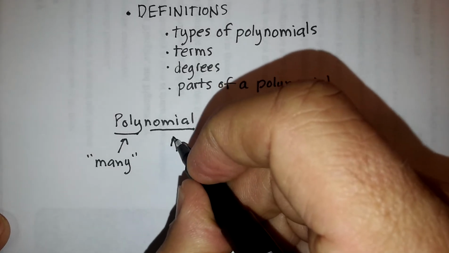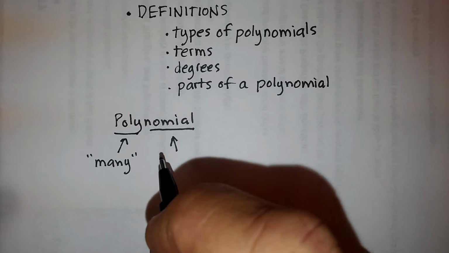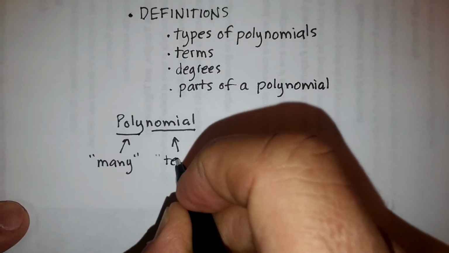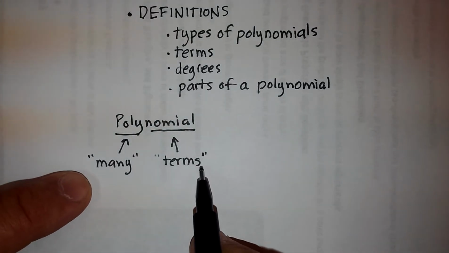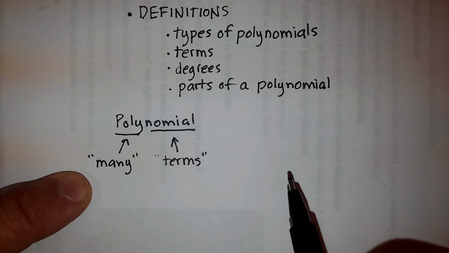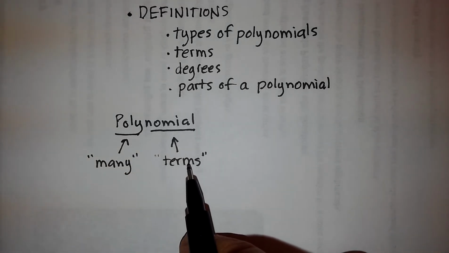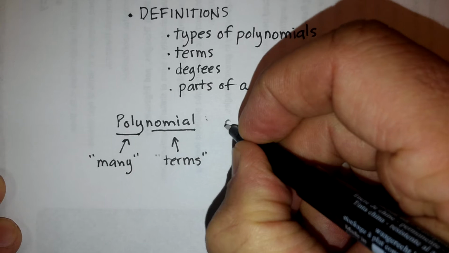Now, in French, the word nom is another word for name, but in this particular instance, it's just another word for terms, okay? So a polynomial is an algebraic expression that has many terms, okay? So that actually kind of opens up a whole new host of questions, doesn't it? So let's just write that in there.